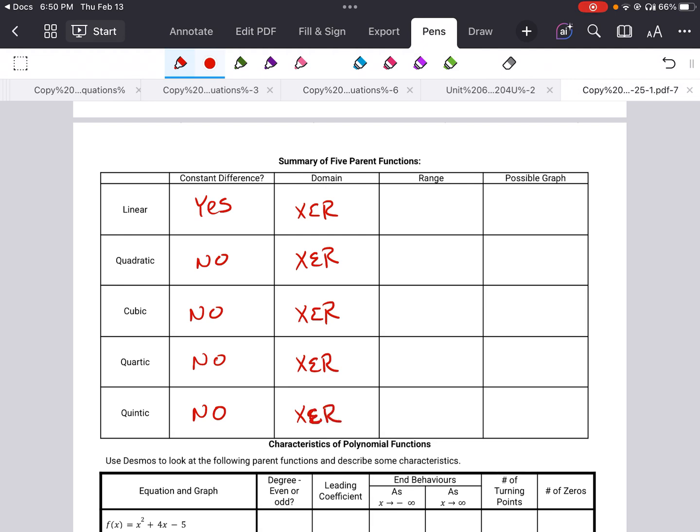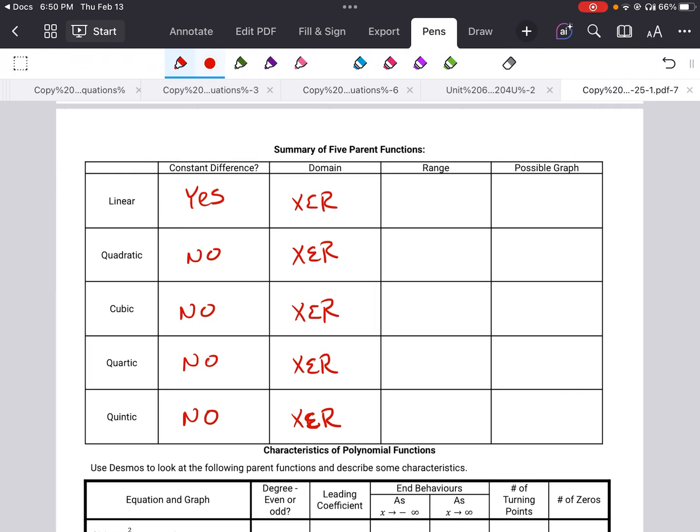All negative and all positive, so all real numbers could be used to find a solution. Range is where there's a limitation. In linear, straight through, y ∈ ℝ. Goes up and down forever. Quadratic, we know, has a minimum or maximum. So it has a turning point, meaning it has a restriction. In the parent function, it's 0.